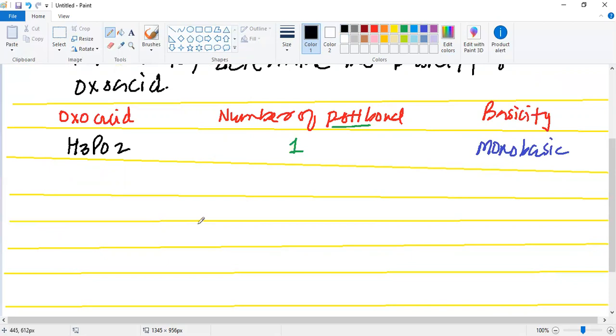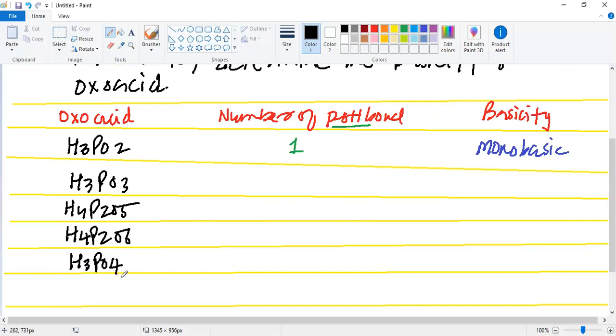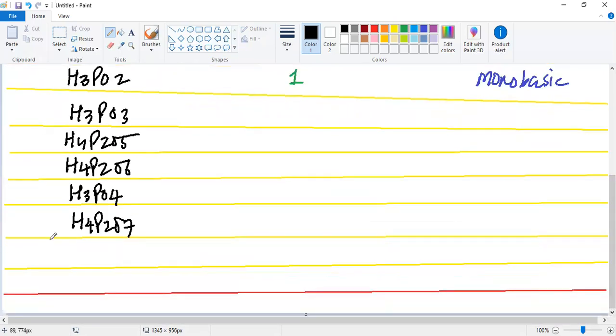In the same way, my dear students, we are going to study the various oxoacids like H3PO3, then H4P2O5, then H4P2O6, then H3PO4, then H4P2O7, then (HPO3) thrice, and we may have (HPO3)n.